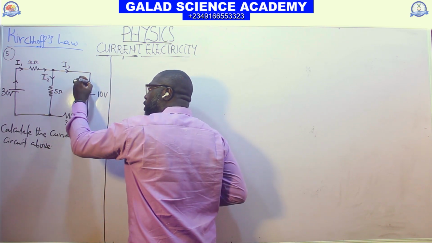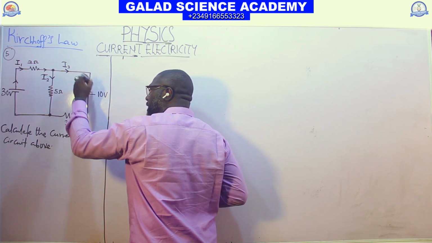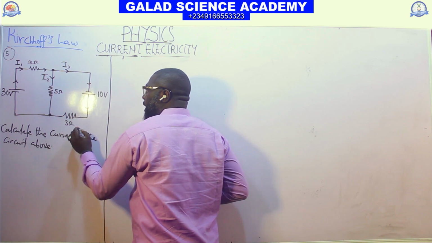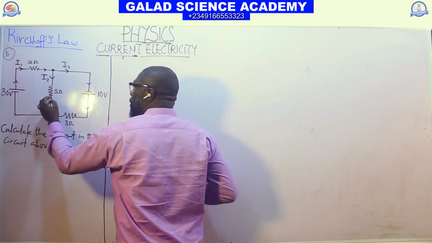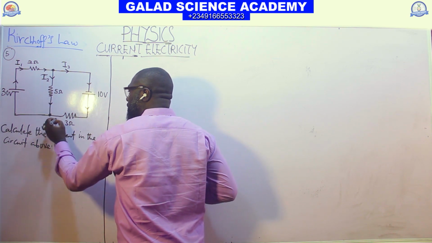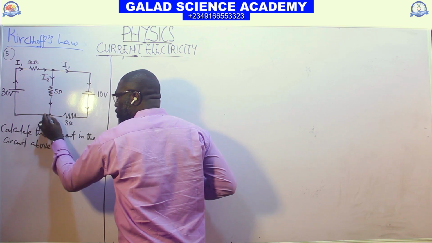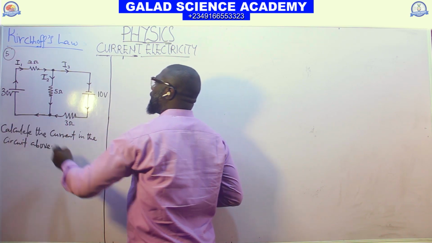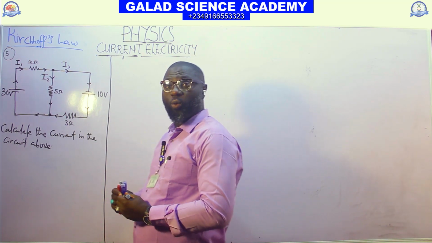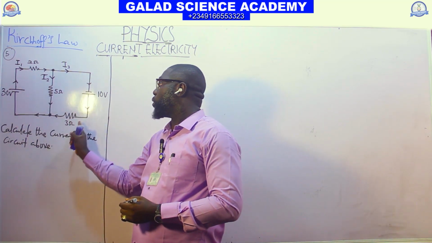So the current continues to flow like this, and these two will join together here and move again like this. So that's the direction of the current flow in the circuit.